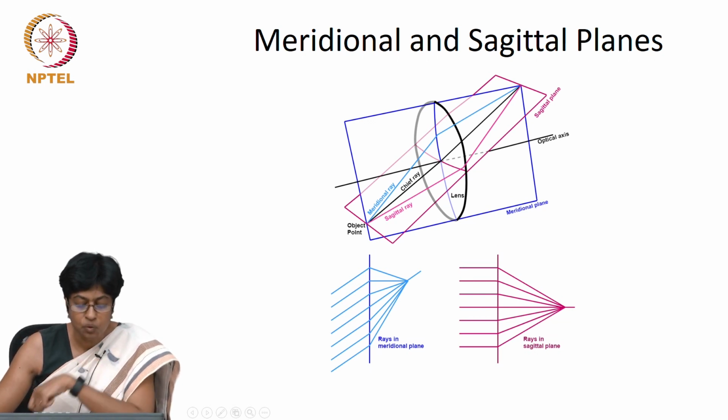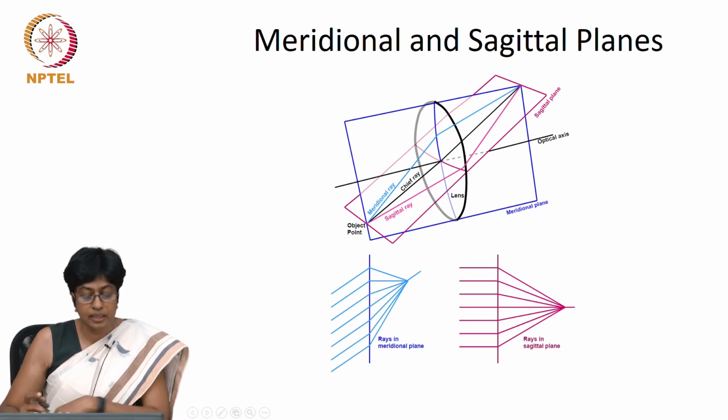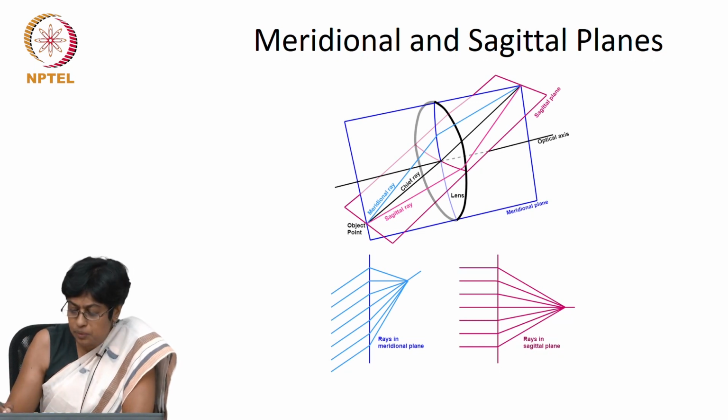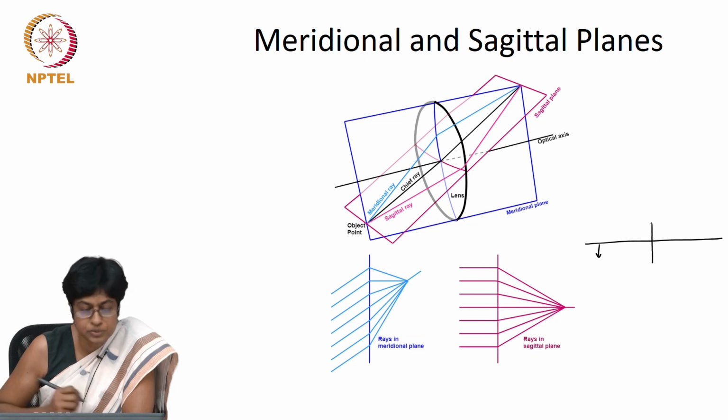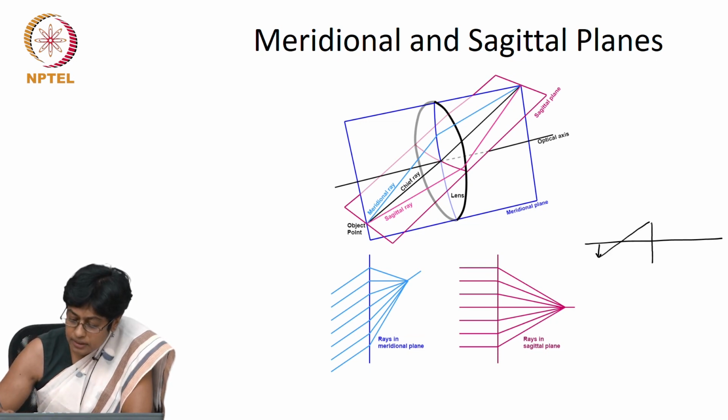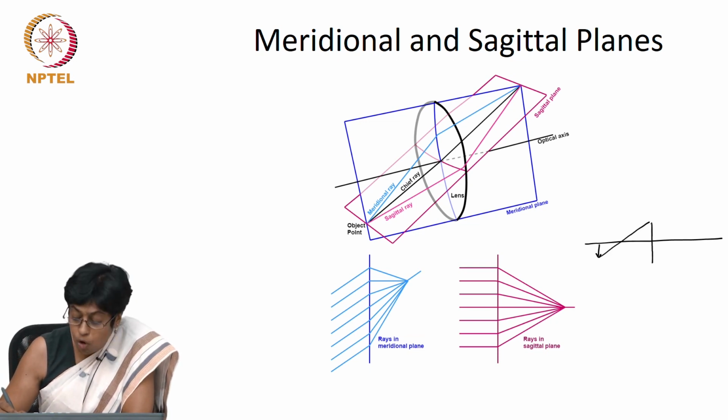Now below, I'm showing you what I was just talking about. In this case, you can consider that this is your lens, this is your object, and you're looking at the rays coming from this point, the extreme point of the object.